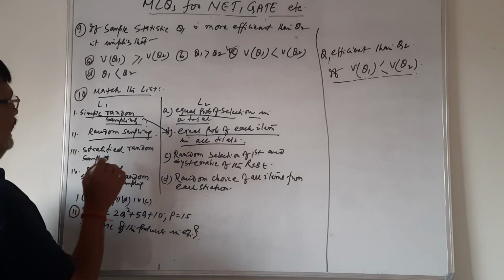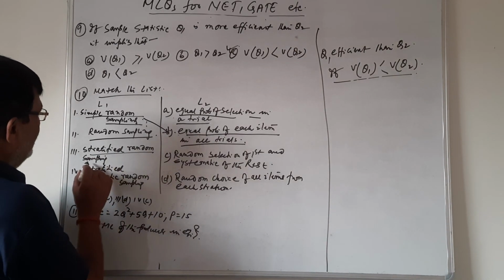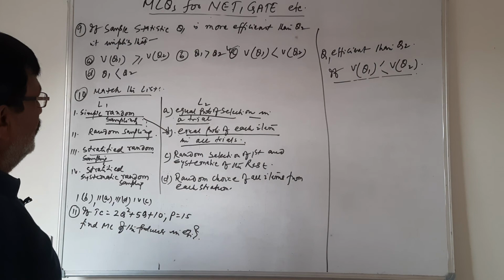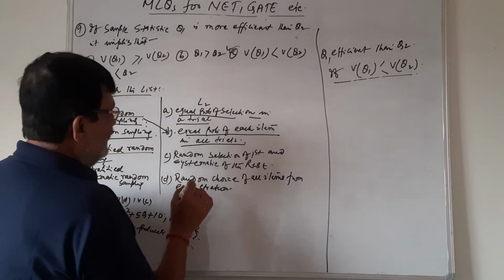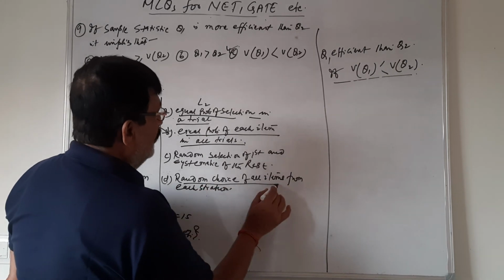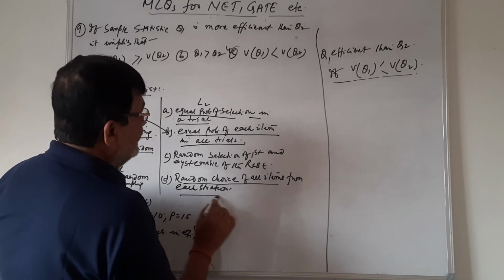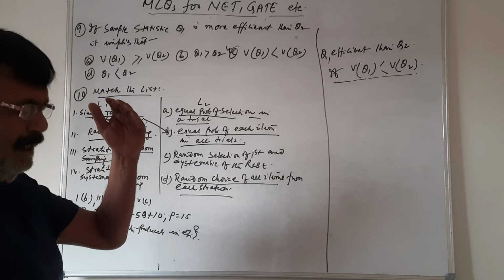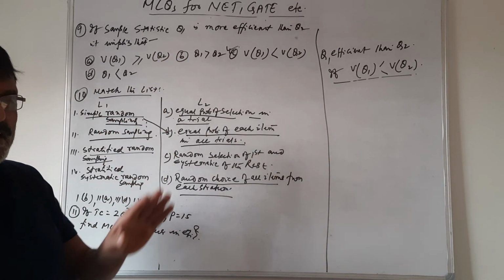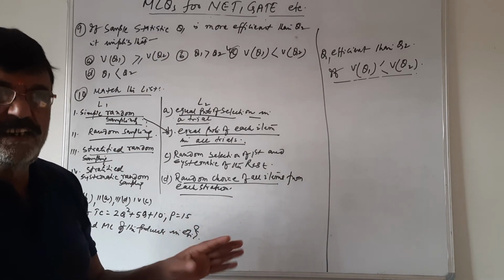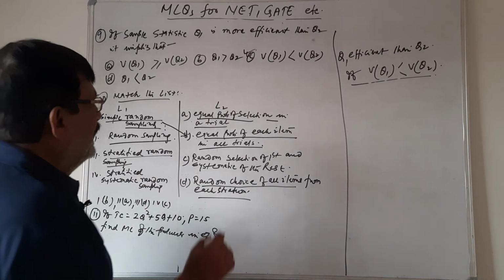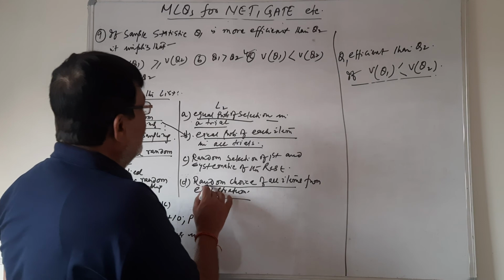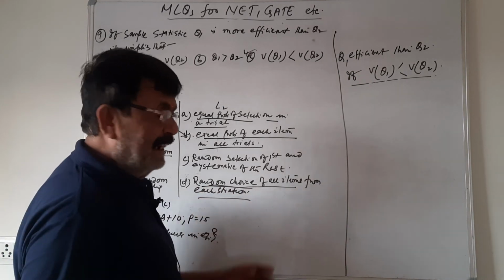A stratified random sampling, in this type of sampling, there is a random choice of all items from each stratum. First of all, the entire population is being separated into different strata, different layers, and then from each layer we choose the sample, and there would be a random choice of all items.